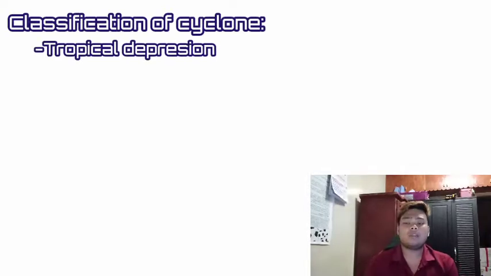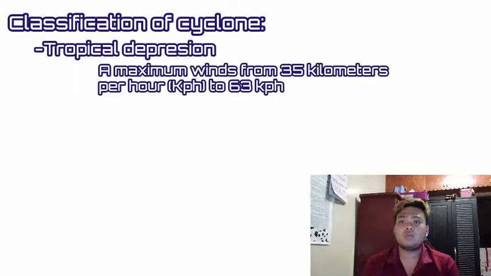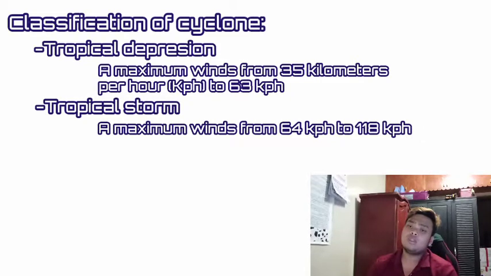First is the tropical depression. It has a maximum wind from 35 kilometers per hour to 63 kilometers per hour. It can bring a significant amount of rain, thunderstorms, and devastating floods. Second is the tropical storm. It has a maximum wind from 64 kilometers per hour to 118 kilometers per hour.